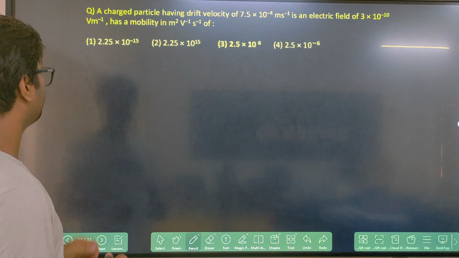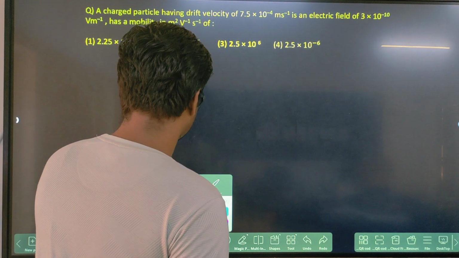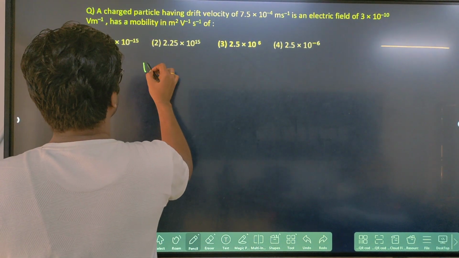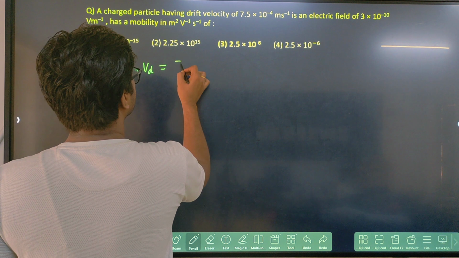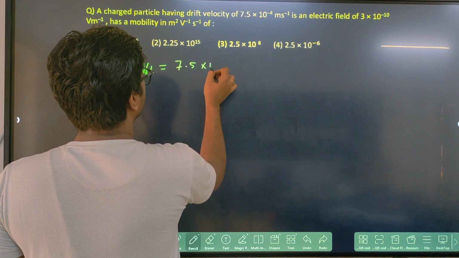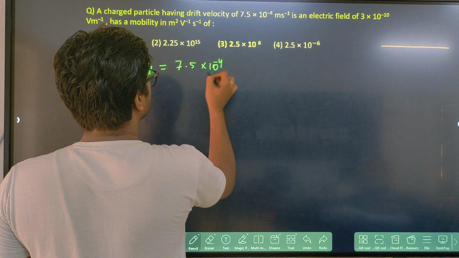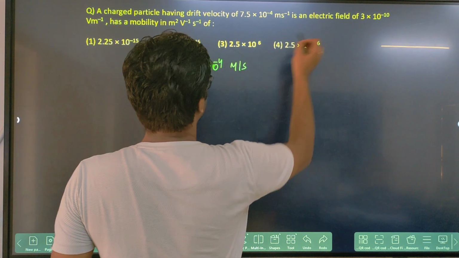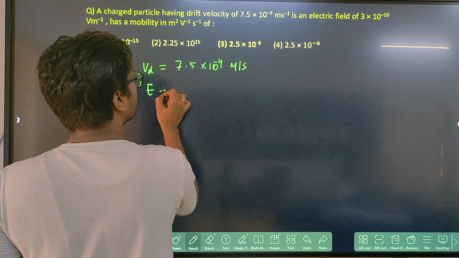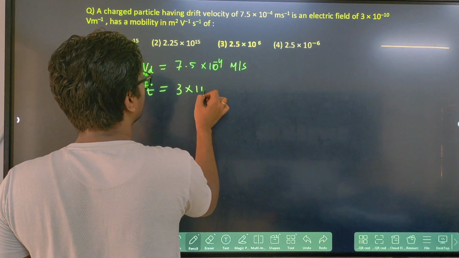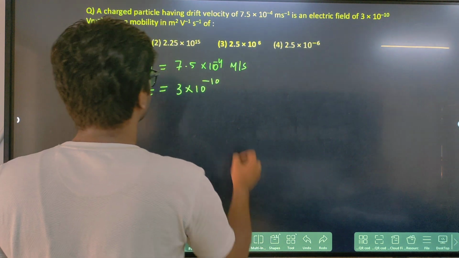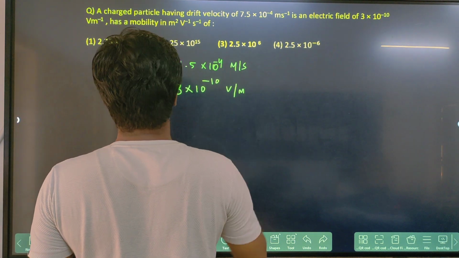Let's do one problem. What it is saying: a charged particle has drift velocity Vd given as 7.5 into 10 to the power minus 4 meter per second, and the electric field E is given as 3 into 10 to the power minus 10 volt per meter.